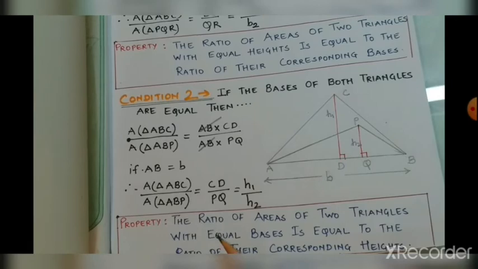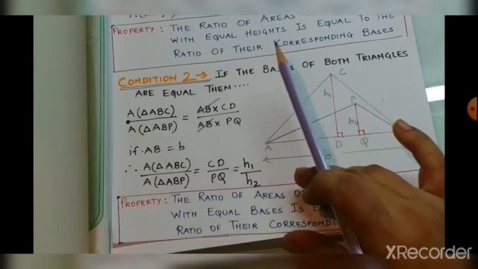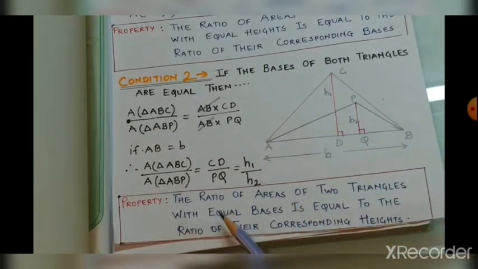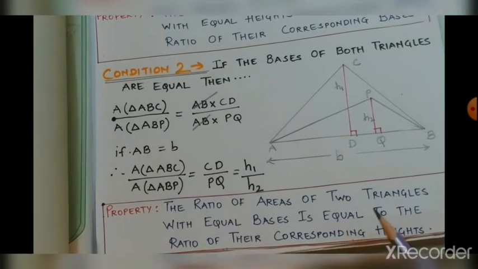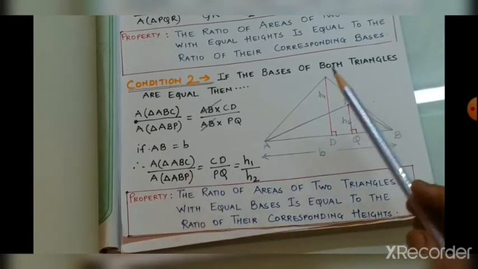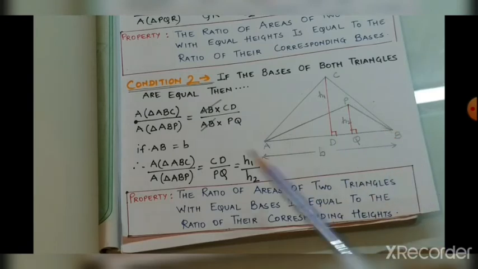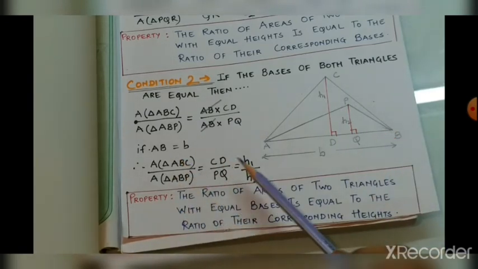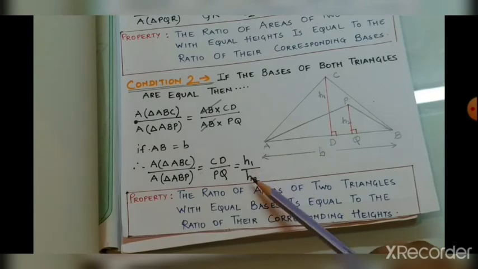And therefore the property, the ratio of the areas of two triangles with equal bases is equal to the ratio of their corresponding height. So when the bases are same, we take the ratio of their area, which is equal to the ratio of their corresponding heights.